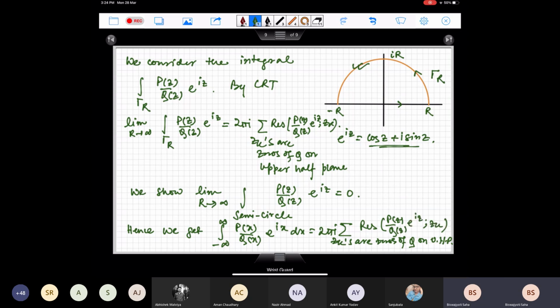So that's the formula I get, and therefore if I need the integral of cosine, I will take the real part, and if I take the integral with sine, I will take the imaginary part.